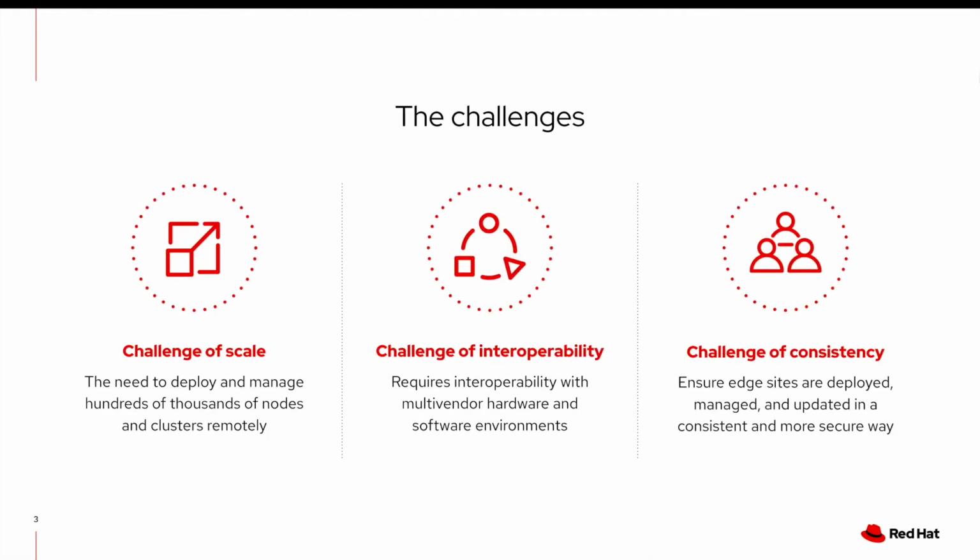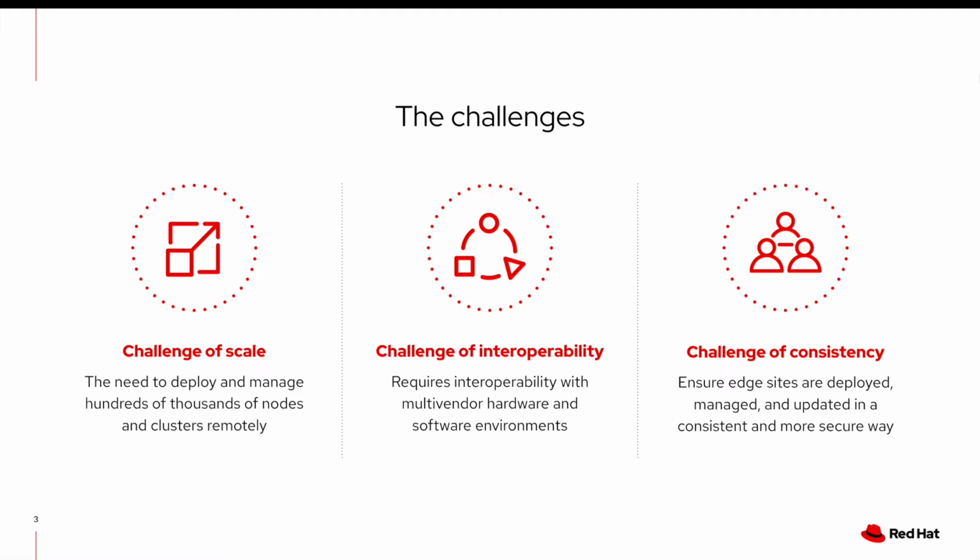In order to support these edge use cases, there are a number of challenges that need to be taken into consideration as you build out a supporting infrastructure. The first is the challenge of scale. Edge deployments, which can range from hundreds to hundreds of thousands of nodes and clusters, need to be managed in locations where there may be minimal to no IT staff, and so there needs to be a centralized way to deploy and manage them.